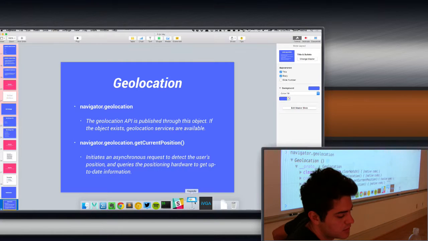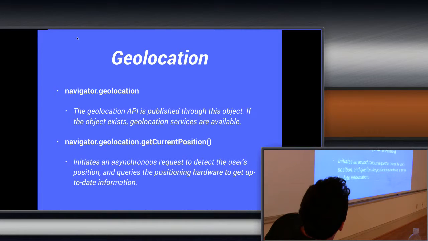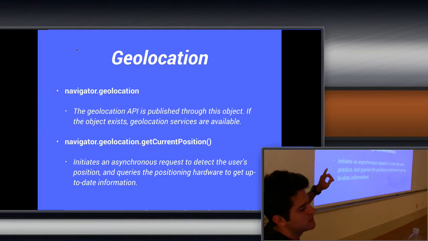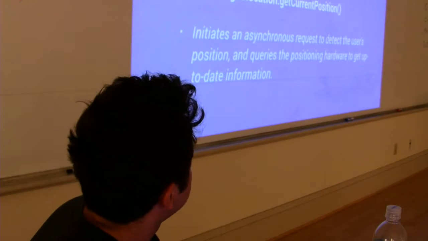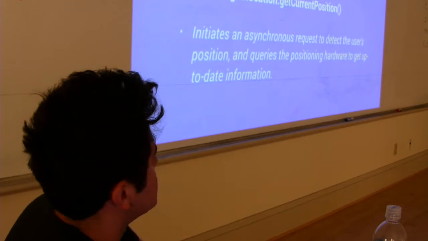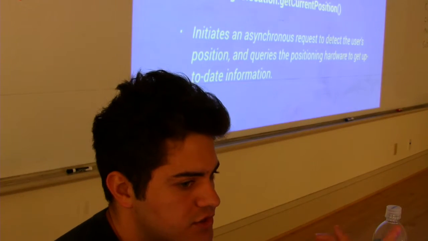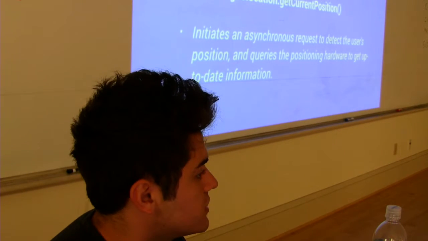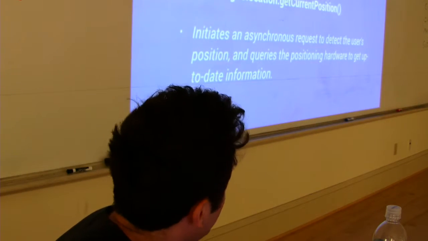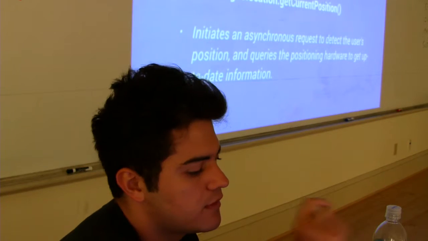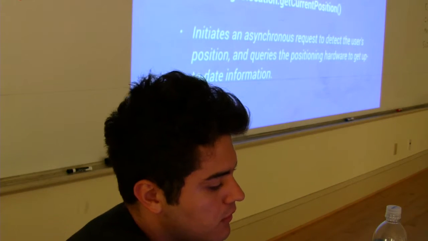What does getCurrentPosition do? It does an async request that detects the user's position. It's going to return the latitude and the longitude of your user. And it's pretty fast. Takes a little bit, but works pretty well.